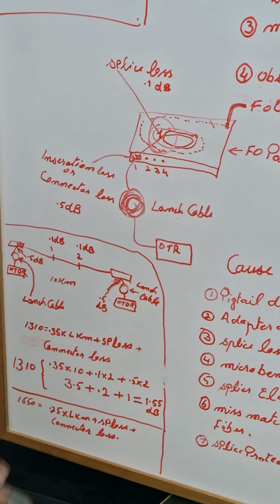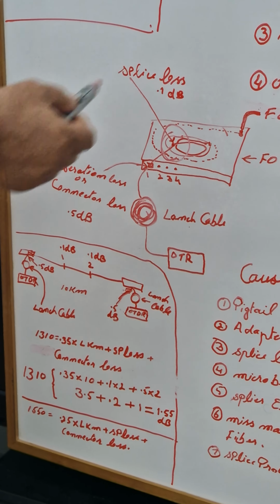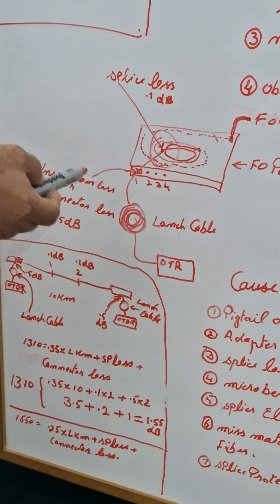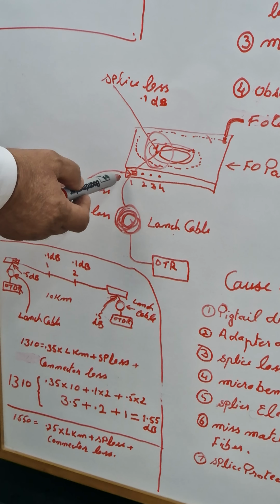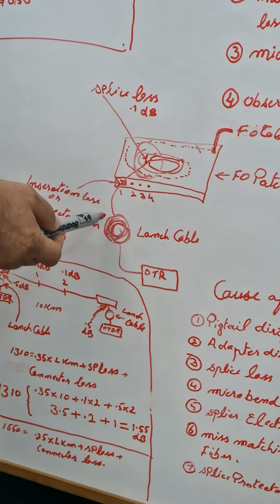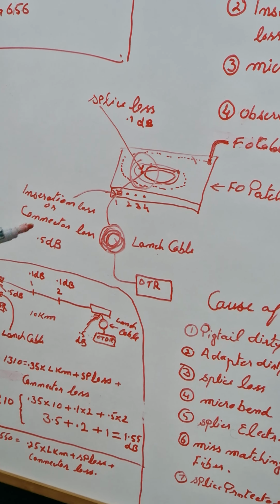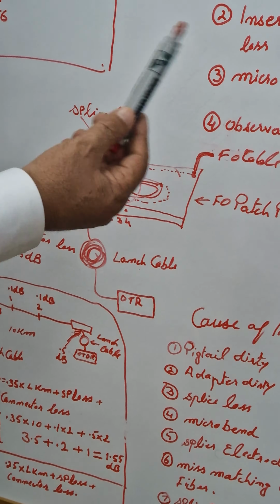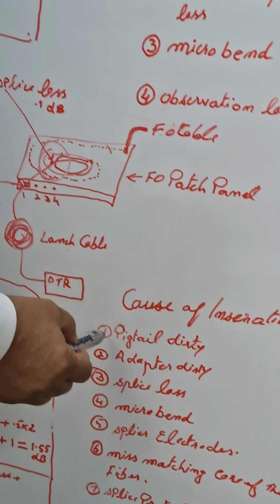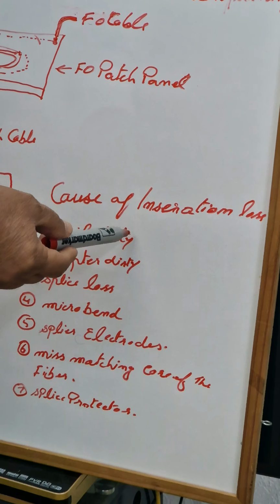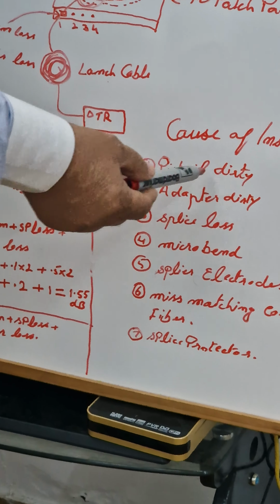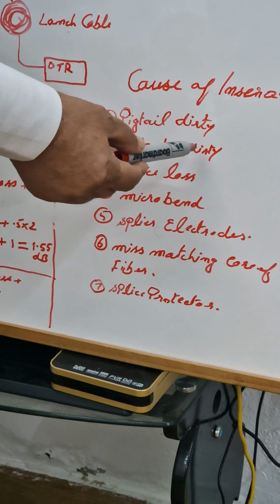We require 0.5 dB loss here with the connector with the launch. And if this loss increases, there are many reasons. Number one, your pigtail is dirty or faulty, or the adapter is dirty.